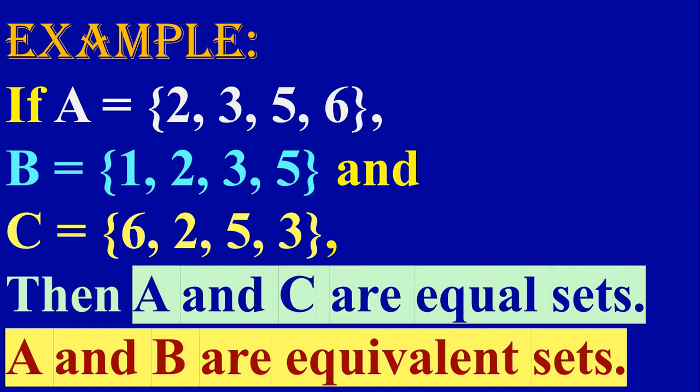See here, A and C are equal sets and they contain the same number of elements. Here also it is 4 elements, here also it is 4 elements. So therefore A and C are equivalent sets and A and B are also equivalent sets, B and C are also equivalent sets. A and C are both equivalent and equal sets.